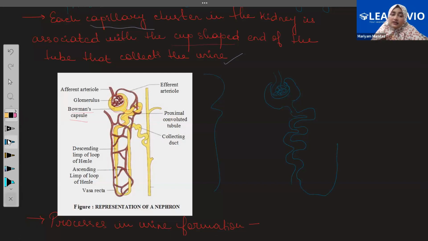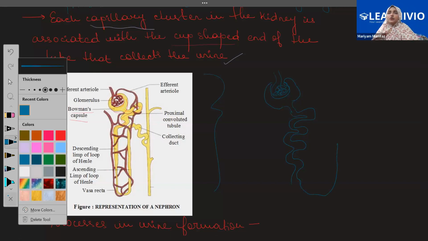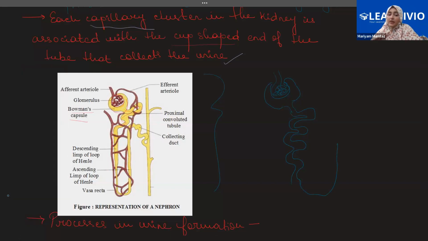We know that the amount of urine we produce is mostly 1 to 1.5 liters per day. But the amount of blood that is filtered every day is so much more than that.